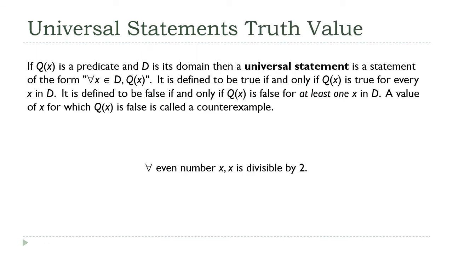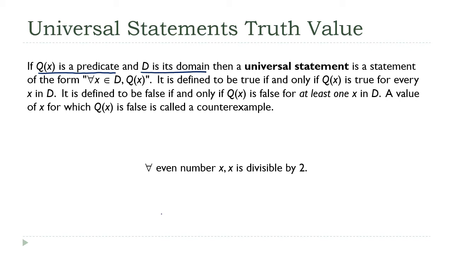Okay, so here we have a formal definition of a universal statement. There's a lot going on here, right? So let's parse it out one piece at a time. So first, a universal statement has two parts. It has a predicate and a domain.